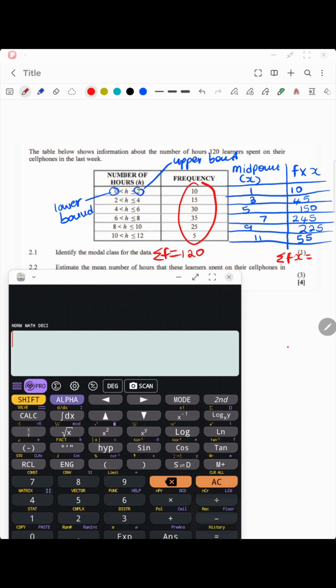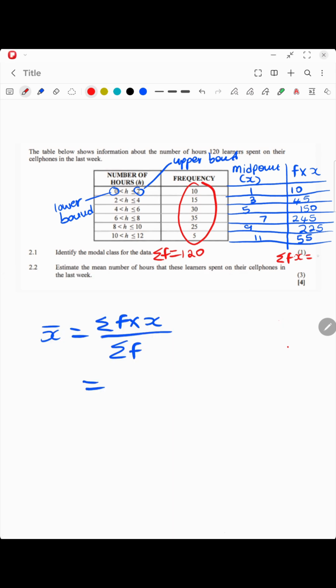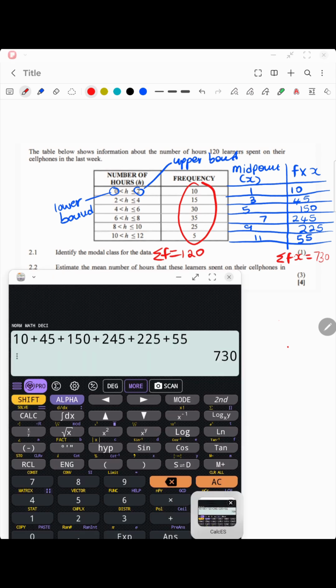Let's see. It will be 10 plus 45 plus 150 plus 245 plus 225 plus 55, which is 730. Which means the sum of frequency multiplied by the midpoint is 730 divided by the sum of frequency, which is 120.